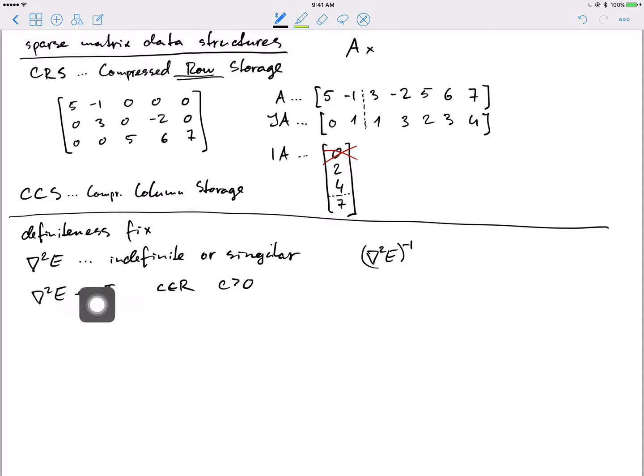Well, then from what we have before, aha, now I need to choose C large enough so that this whole sum is a positive definite matrix. But that seems wrong, right? Because this identity is also a 3n by 3n matrix. That means it's going to affect all the elements. That's going to affect the entire body of the bunny the same way it's affecting the distorted ear.